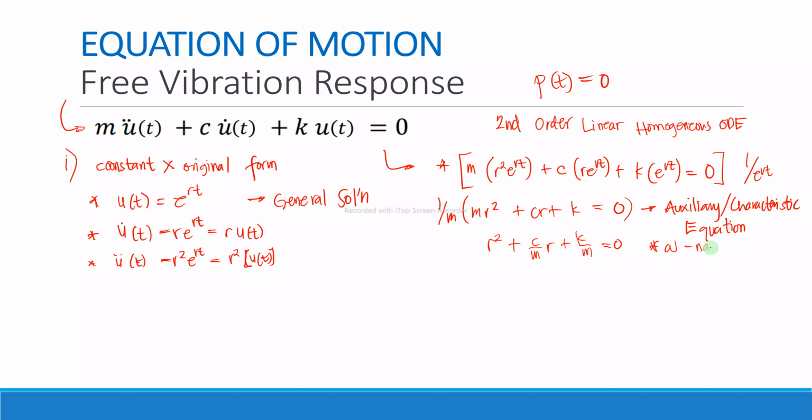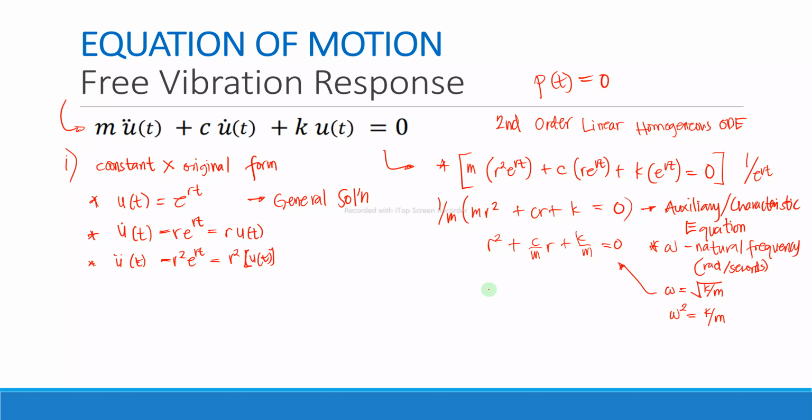This is our natural frequency. Its unit is radians per second. So omega is equal to the square root of k over m. Now if we substitute this into our governing equation, k over m is equal to omega squared.